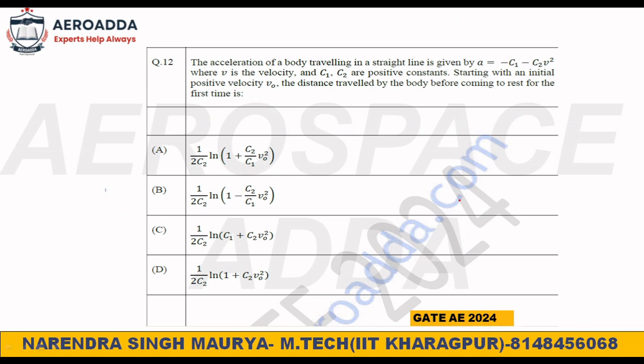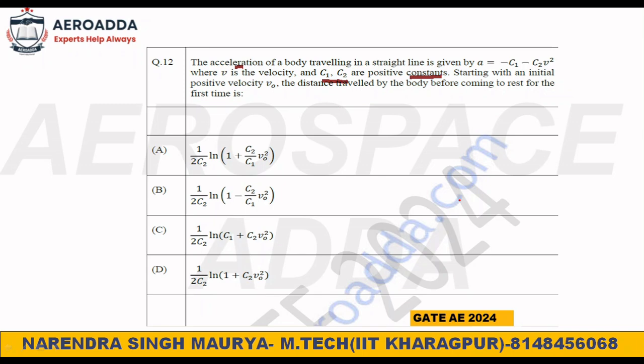Now coming to this problem, it was also asked in GATE 2024. The acceleration of a body traveling in a straight line is given by A minus C1 minus C2 V square, which is nothing but acceleration. A is the acceleration, clearly mentioned. C1 and C2 are constants, clearly mentioned as positive constants, right?